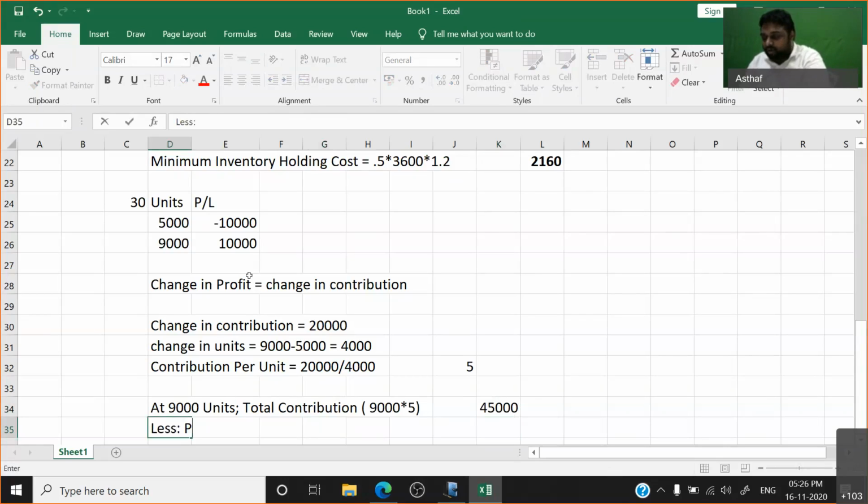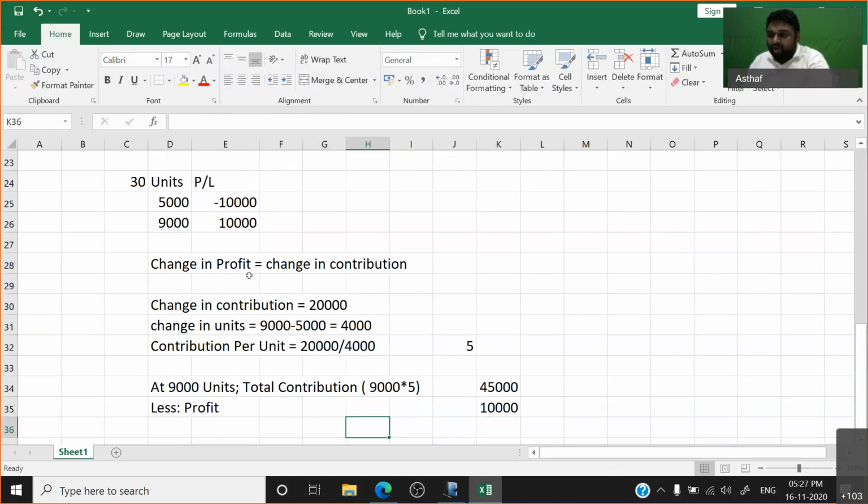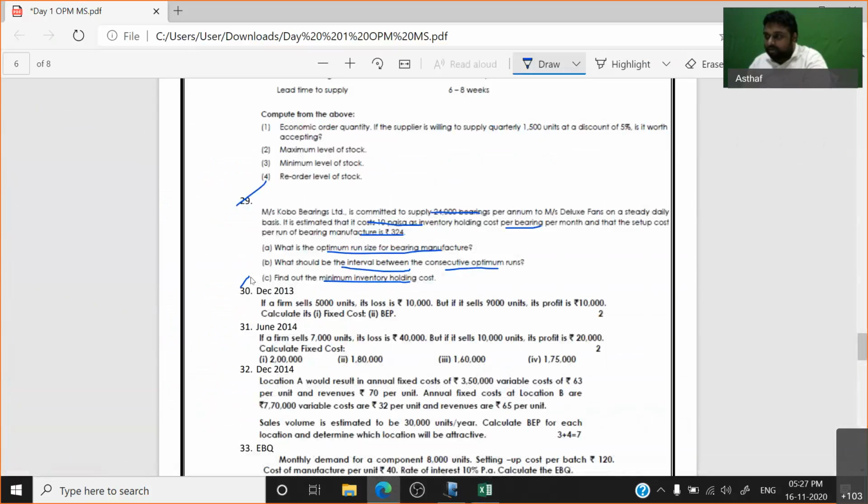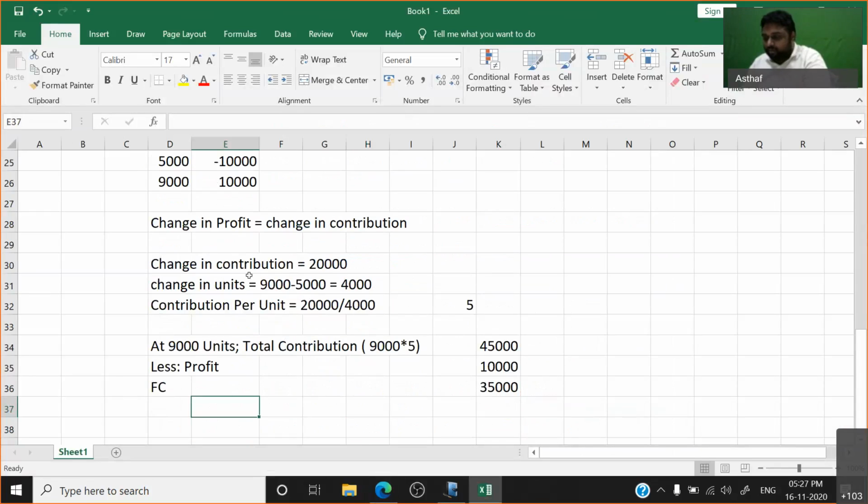Less profit of 10,000, the balance is fixed cost. The fixed cost will be 35,000. So what is the break-even point? Break-even point in units is equal to 35,000 divided by 5, which is 7,000 units. That's the answer. Very easy. Copy fast.